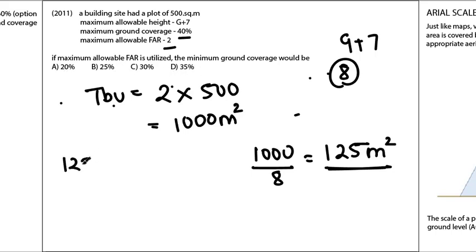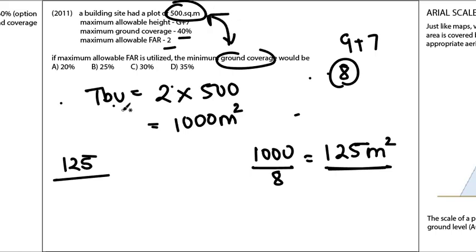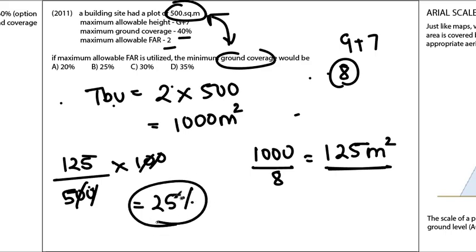So 125 out of the site area, right? Minimum ground coverage will be taken from site area. So 125 divided by 500 into 100. So 125 divided by 5 is 25%. Option B is the answer, right?